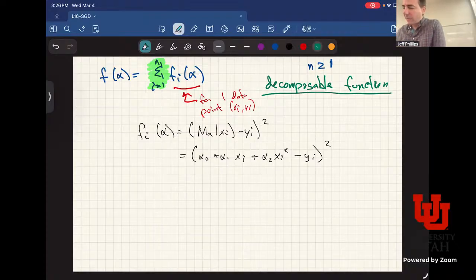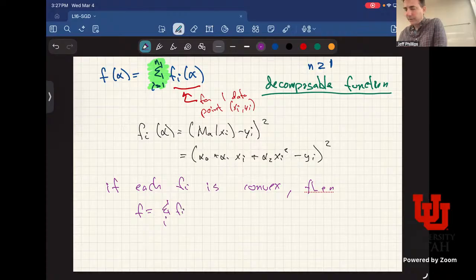Okay, and now we want to use the property that if each f_i is convex, then we're going to have that f equals the sum over i of these f_i's is also convex.